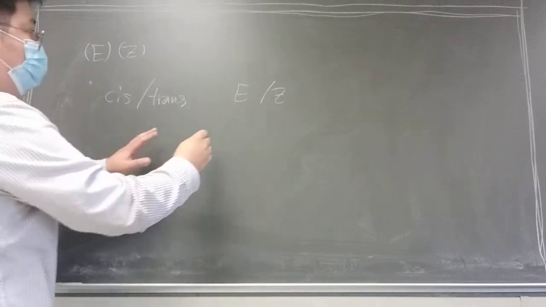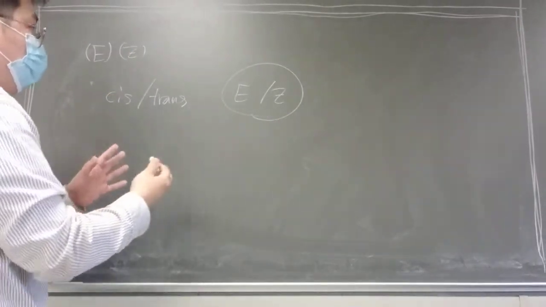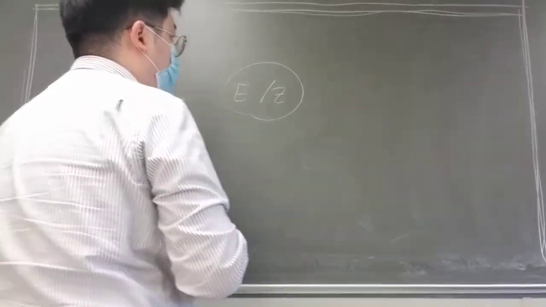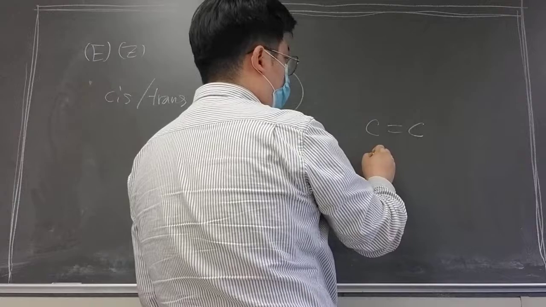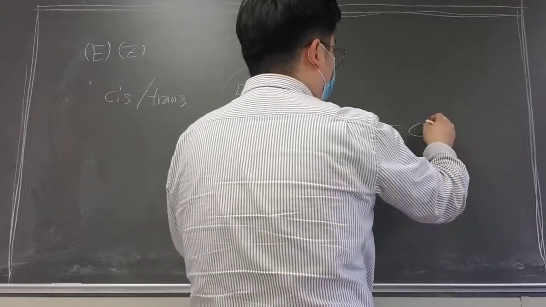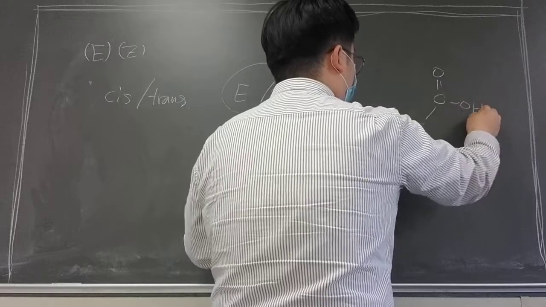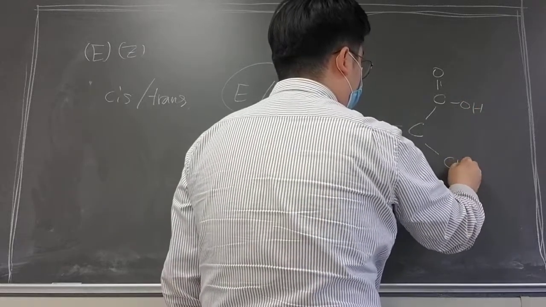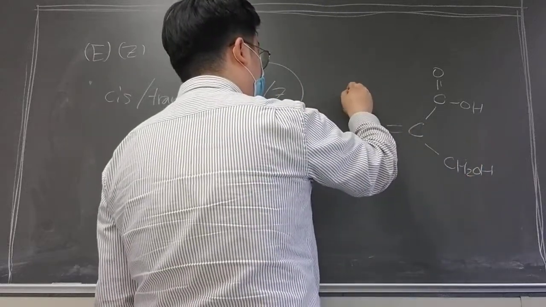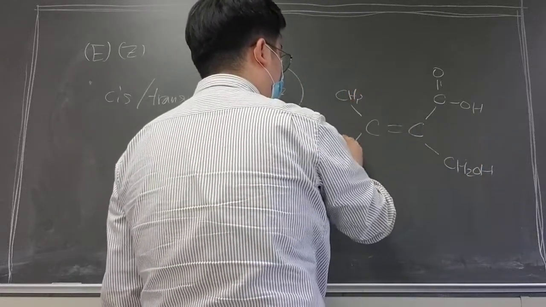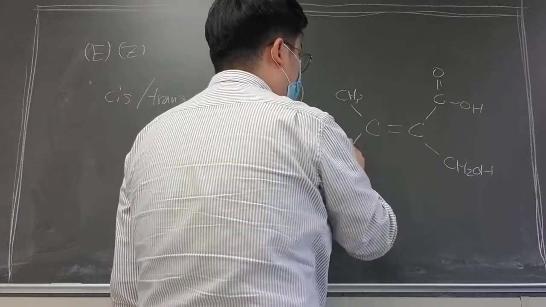This is sometimes more useful to identify a compound with this geometry system. I can give you one example here. If you have the double bond, obviously it's an alkene compound, but they have some substituents here.